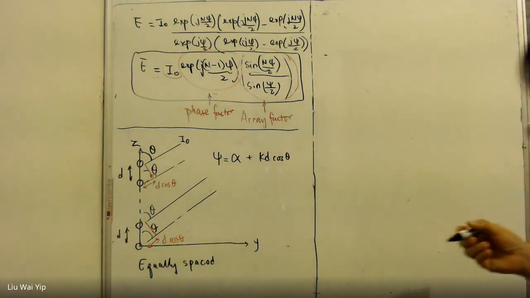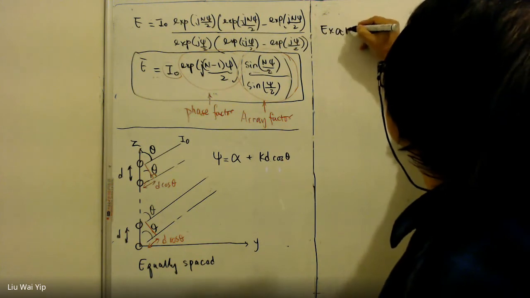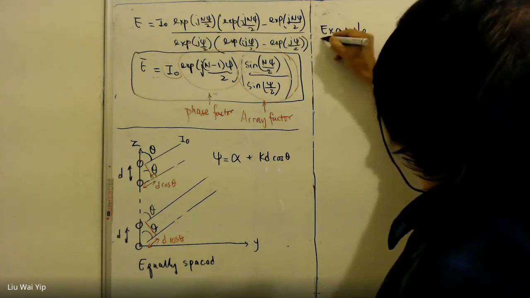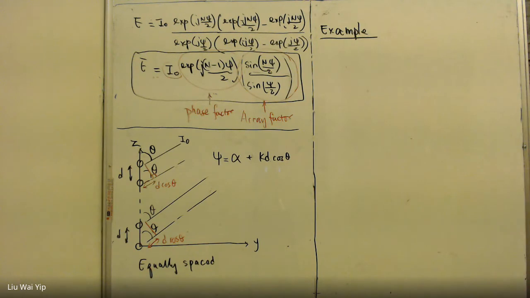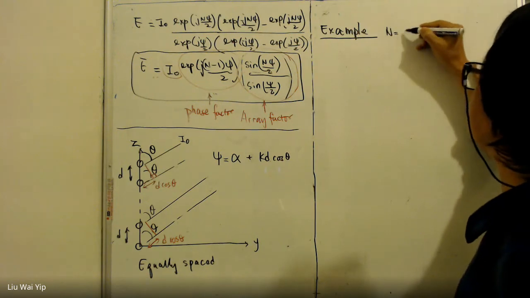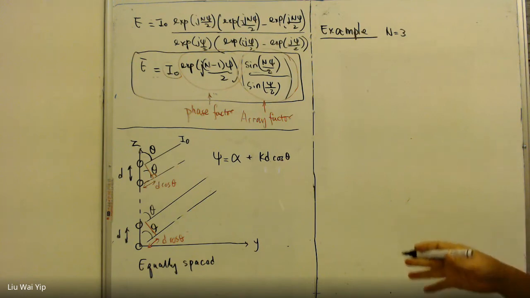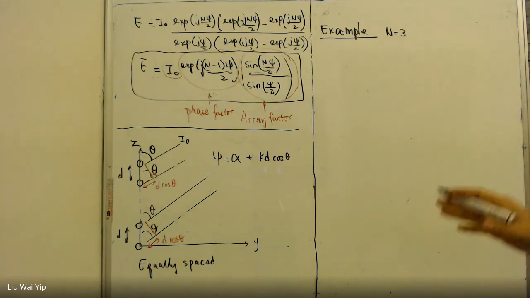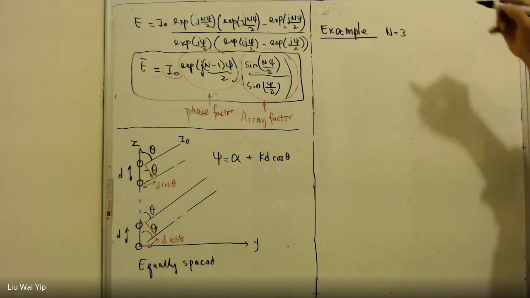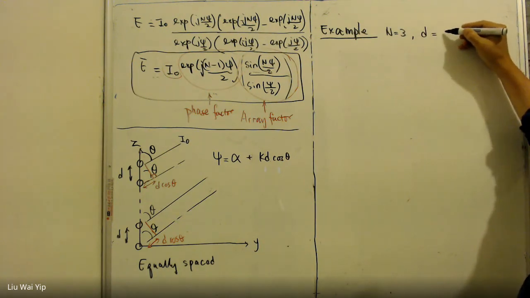Now, for example, suppose you have an antenna array. The antenna array has three elements, and the spacing between two neighboring elements is, say, lambda divided by 2.